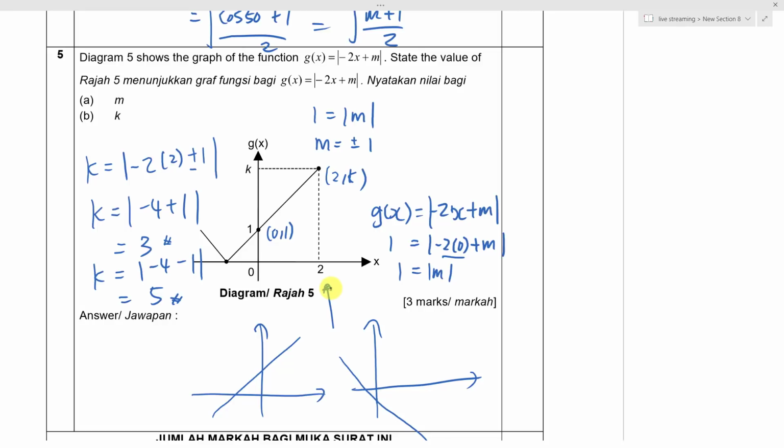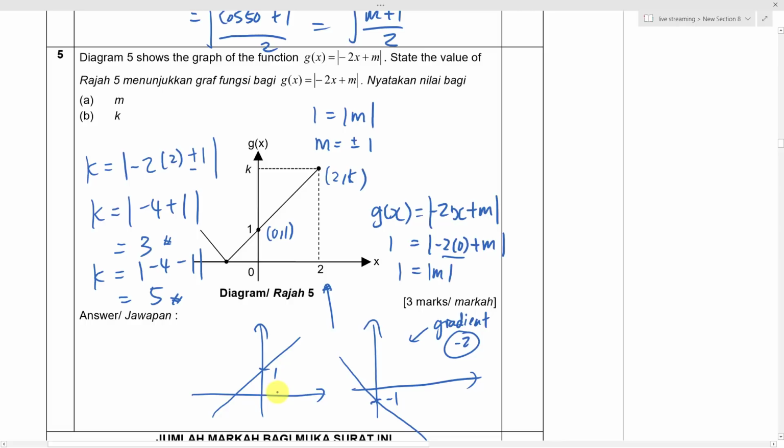Unless we actually see the gradient is negative 2. Yeah, because the gradient is negative 2, then we have to choose this one. If the gradient is negative 2, then maybe that is the reason we choose this one. Then our m is basically negative 1, because in this one m is positive 1, isn't it?